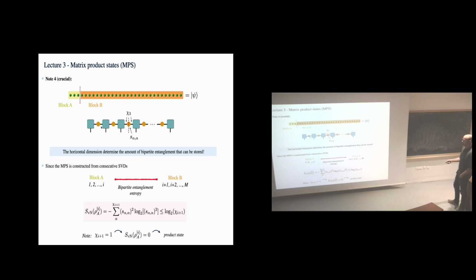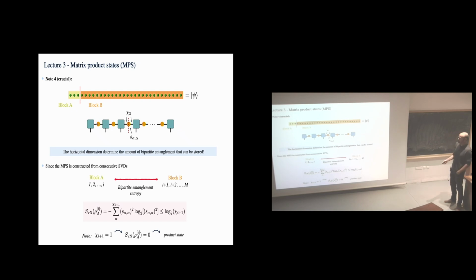And now, because I constructed my MPS using singular value decompositions starting from one end, for a bipartition here I have directly available the eigenvalues of the reduced density matrix for the block A. So if I have a value of chi i and I limit it to some value, then the entanglement across this side i, between the whole block A and the whole block B, is limited by the logarithm of this bond dimension.